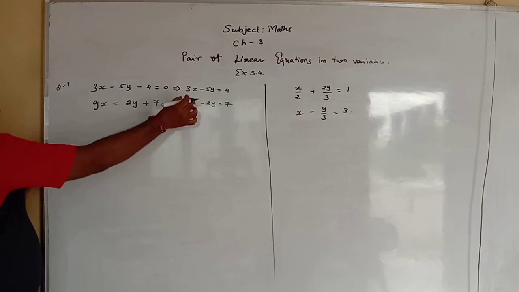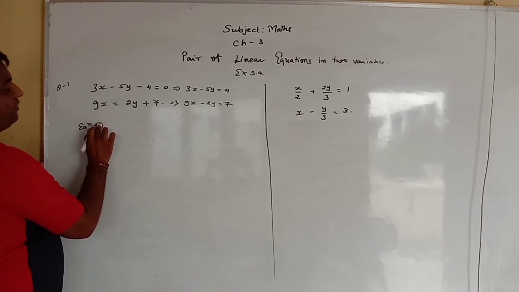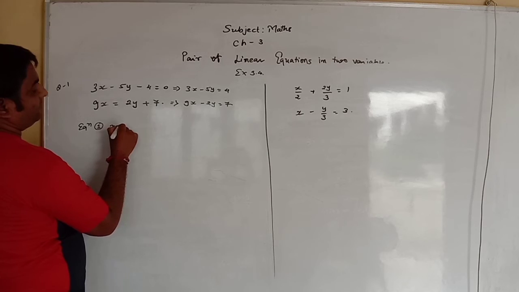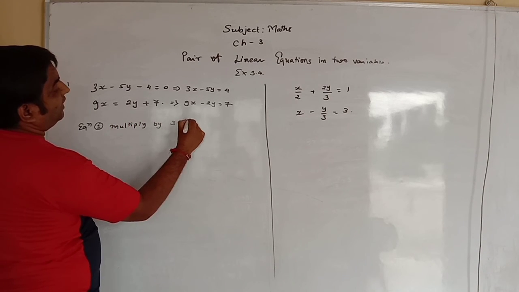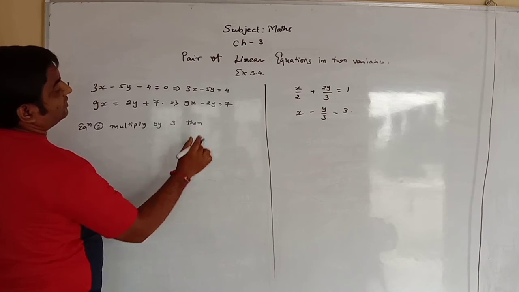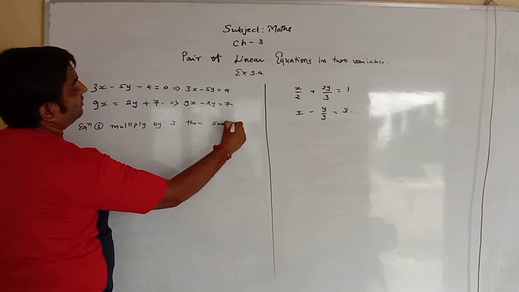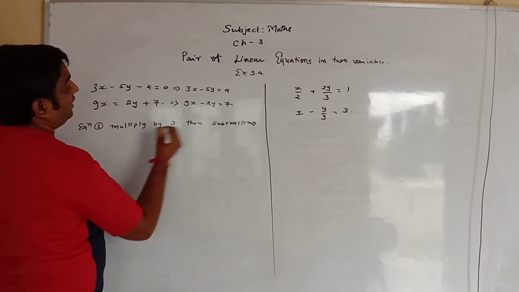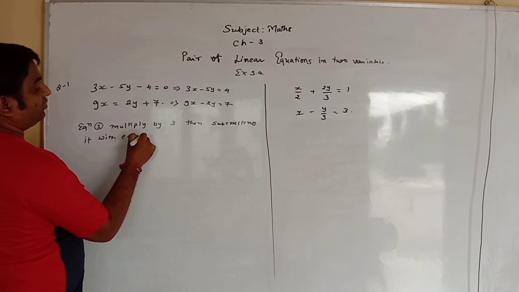So here we can easily make the x coefficient equal, so equation 1 multiplied by 3, then both the coefficients are equal, so we subtract it from equation 2.